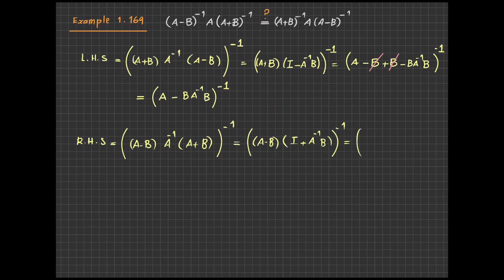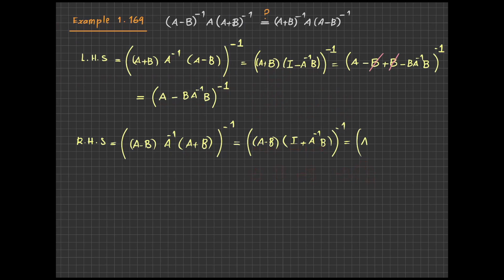I distribute once more. So this becomes a times I, which is a, times a inverse b, which is b, and then minus b times I, which is minus b, and then minus b times that one is minus b a inverse b. Yes, so let me write them.